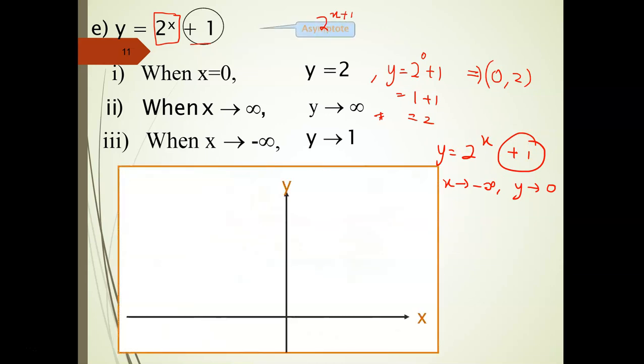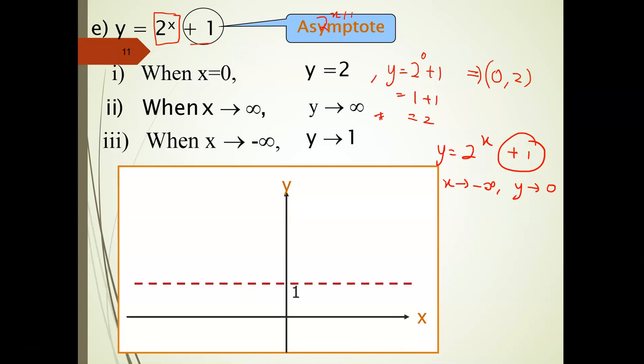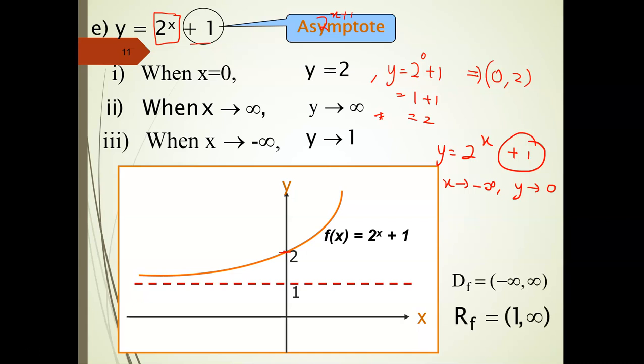That is the asymptote, so you will have a horizontal line at y equals 1. So your graph goes up 1 unit and touches the coordinate (0, 2). So f(x) equals 2 power of x plus 1.